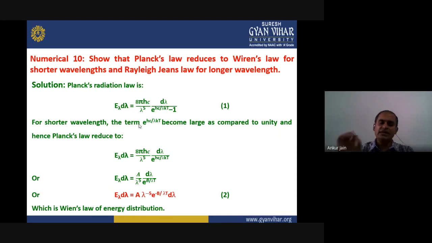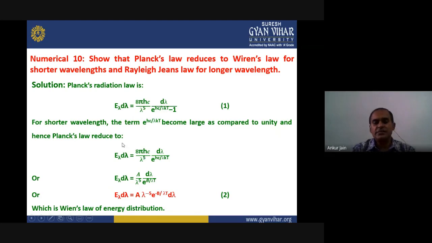So Planck's law will be converted to E lambda d lambda equals 8 pi hc upon lambda to the power 5 into d lambda upon e to the power hc upon lambda kT, right? Now since you know this 8 pi, h and c, these all are constant values. They do not change with time or with conditions.